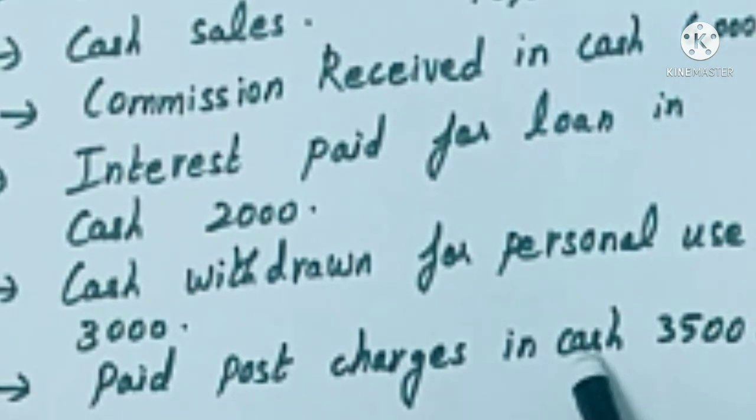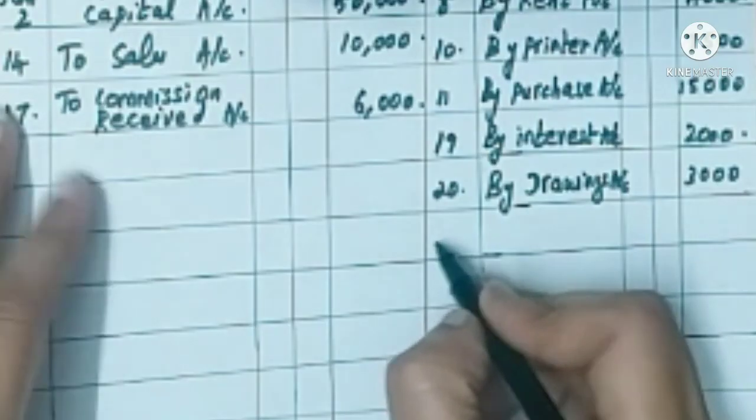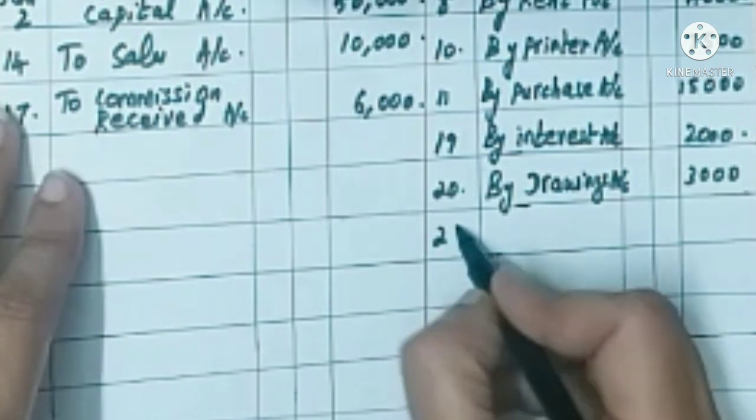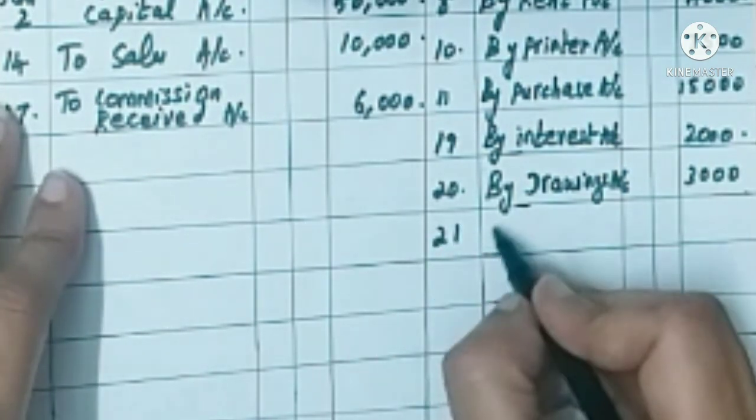Cash is going out. In other words, there is decrease in asset. That's why cash account is credited. So the entry will be post charges account debtor to cash account. Amount is rupees 3500. Date of the transaction is 21st June.